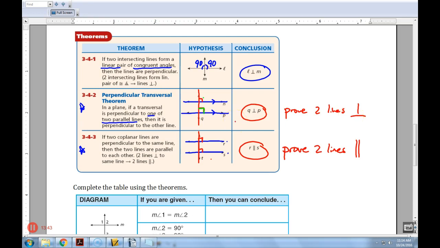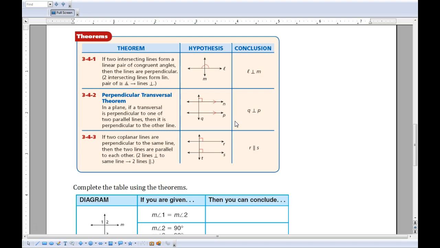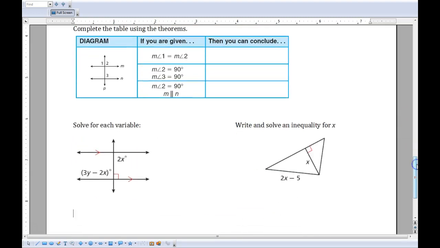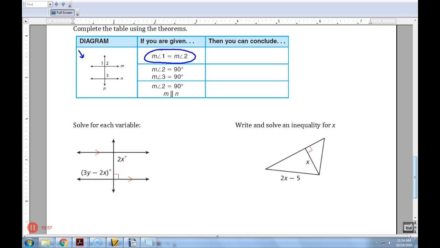All right, so let's move down and look at, not really a proof, but just some examples of what I can conclude from the picture using the three theorems that we have up above. So I've got this diagram. Right now, looking at the diagram, I can't assume anything. I can't assume anybody's parallel, anybody's perpendicular. I just have to look at the information given. So what if I'm given that angle 1 equals angle 2?